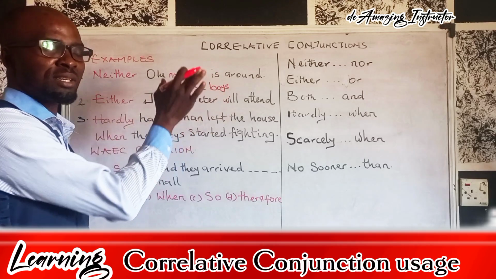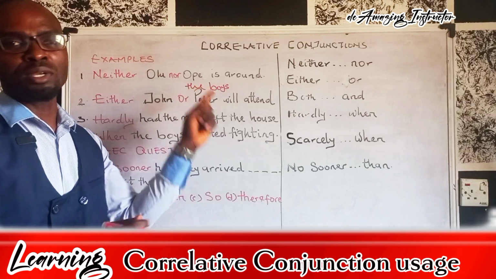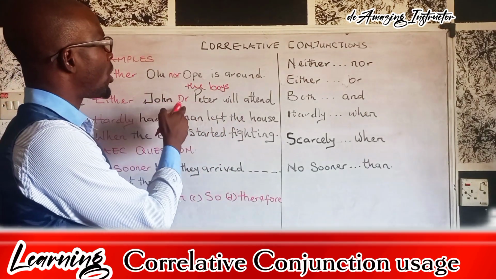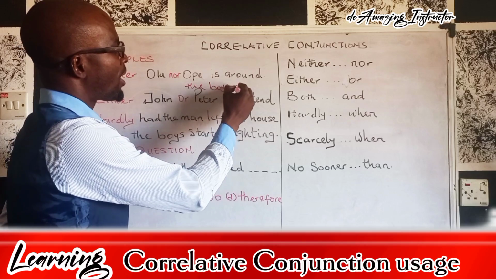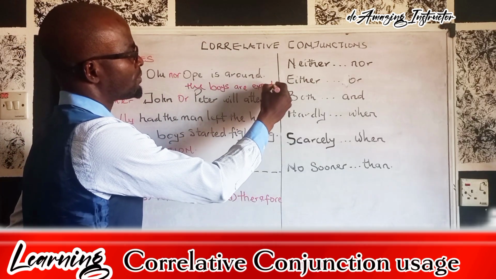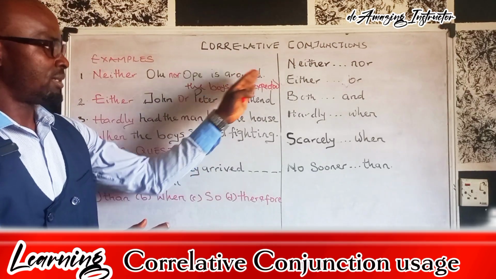The closest noun to it. Now, since we have the closest noun to it as a plural noun, the verb must be what? Plural. So either John or the boys are expected.